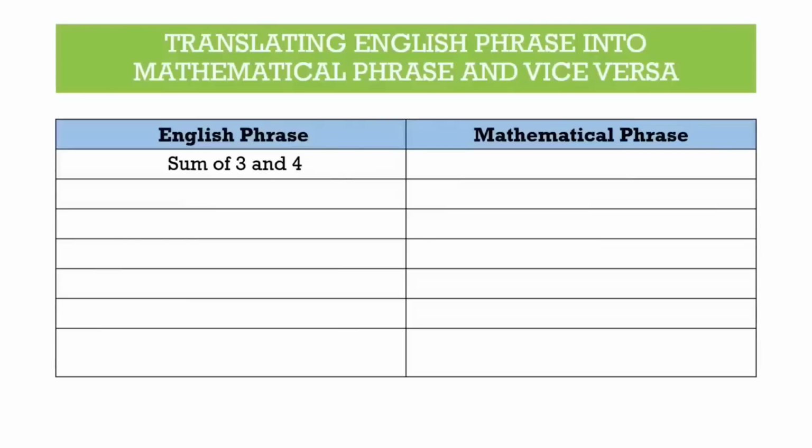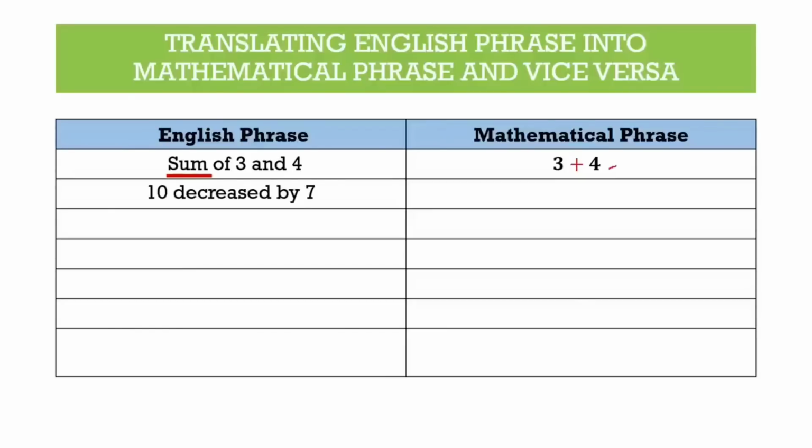If we are going to write that in mathematical phrase, we just have to identify the clue words. Okay, so in this example, we have the word sum, and we've classified sum under the operation addition. So we write that as 3 plus 4.